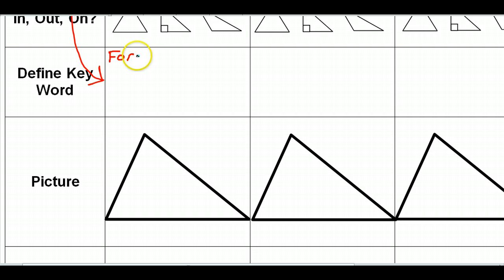So I'm just going to put forms a right angle, or you could have said 90 degrees. And okay, that's the perpendicular part. What does bisector mean? To cut in half. And cuts a side in half.